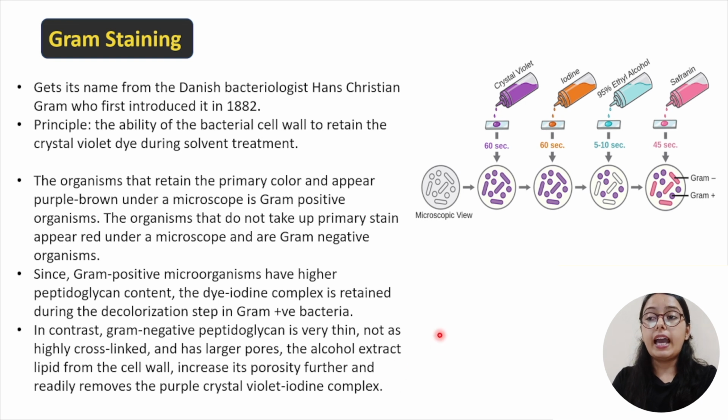So that's why the color of gram negative bacteria is pink, the color of the counter stain, and the color of the gram positive cell wall is the color of the primary dye.